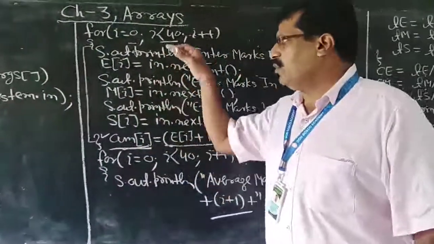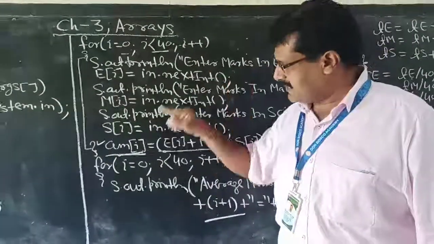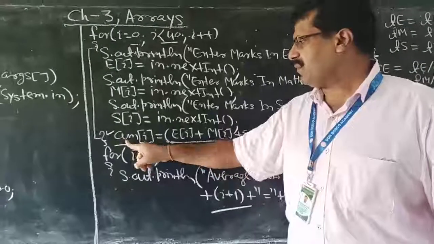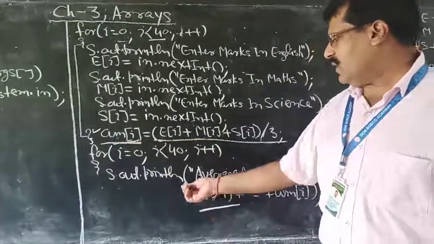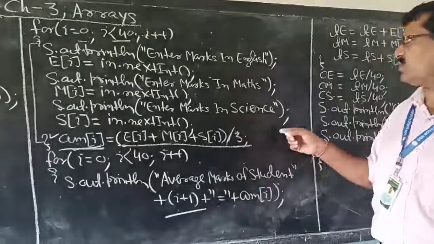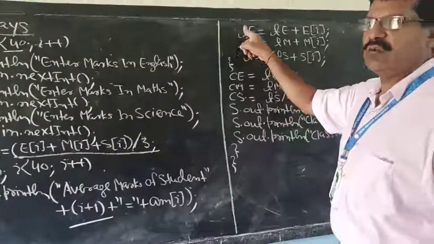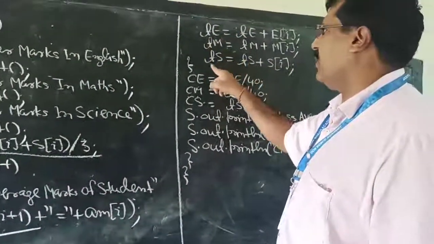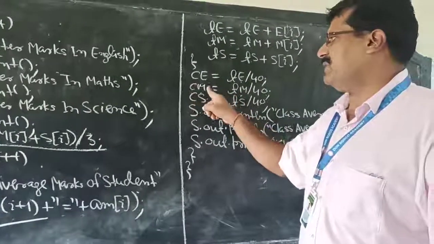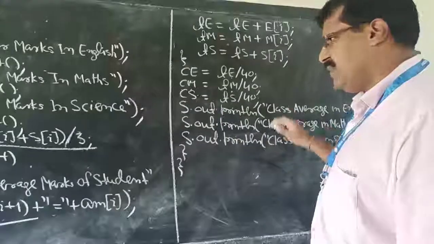Then we have input all the marks in one array. In the same array we have calculated the average also and stored it in AM. And in another array, first we are printing the average marks of the first student, second student, third student, and then we are calculating the total marks of English, math, and science. Then we calculate the class average of English, math and science, and printing is done.